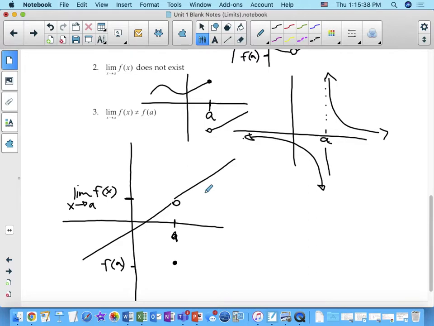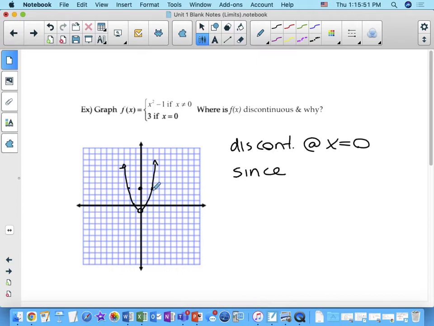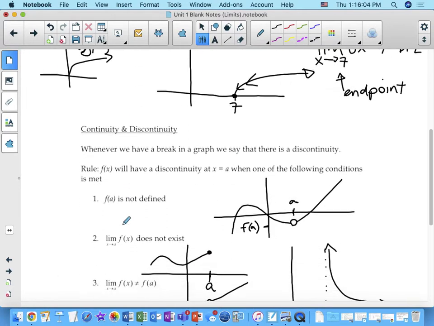Do we have a limit at the point of discontinuity? The point of discontinuity was when x equals 0, right? Is there a limit there? Is there a limit when I approach from the left and from the right? Yes. Okay, so there's a limit. So we do have a limit.